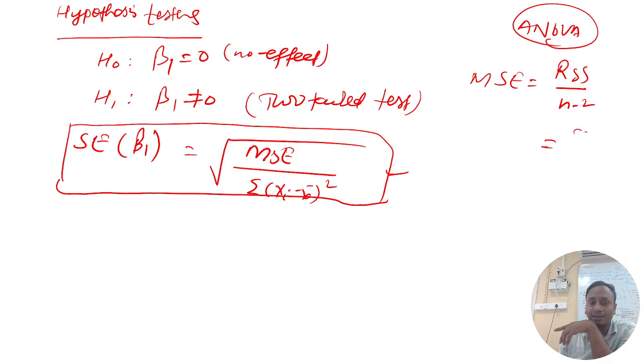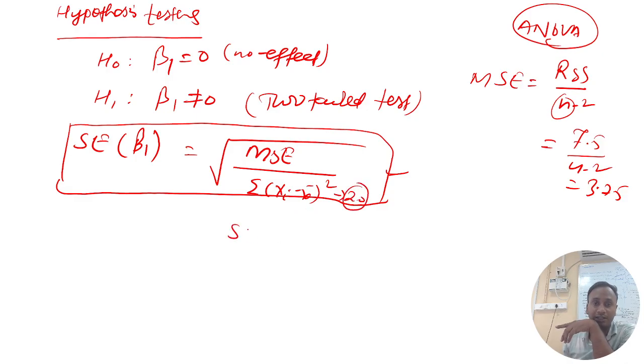What we have is RSS 7.5. Then how many do we have, the number of samples? 4. 4 minus 2 is equal to 2. It came 3.75. Then we can calculate the summation of xi minus x bar square also. We have calculated it already. It's 20.